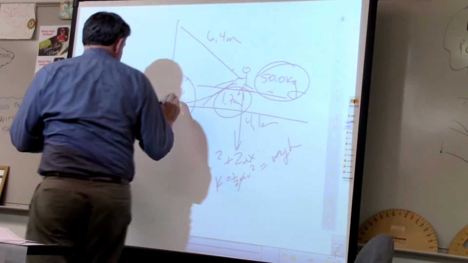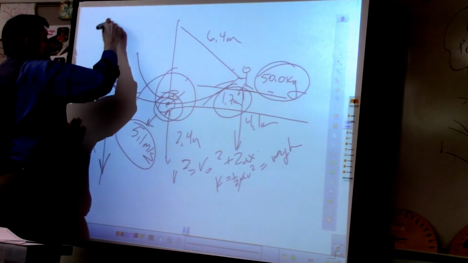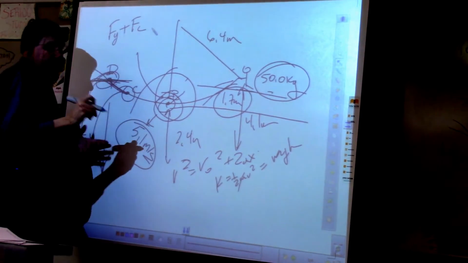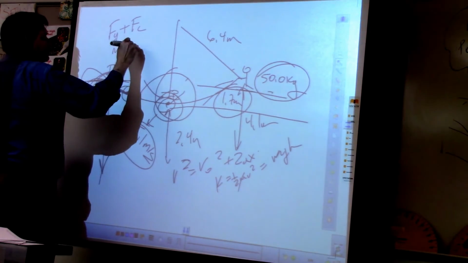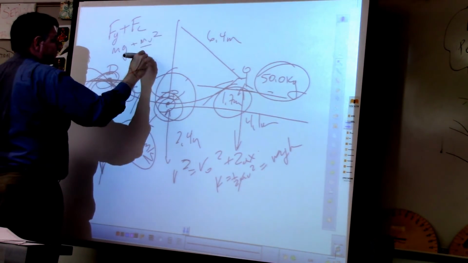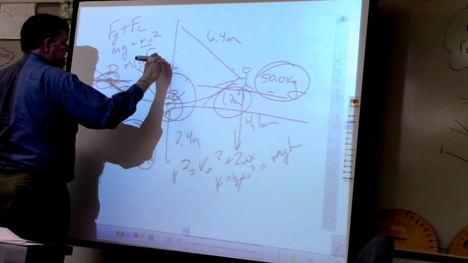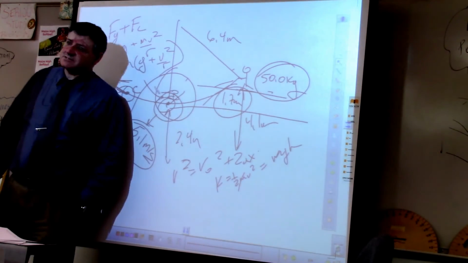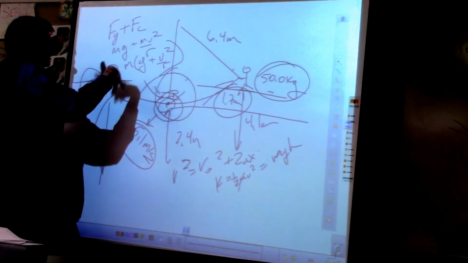So basically, if you were asked to find that total force at the bottom, it'd be Fg plus your centripetal force. Now, if you really wanted to get clever, you go, oh, that's mg, that's mv squared over r. You could factor out an m and go, oh, that's g plus v squared over r. Makes it a little bit easier, doesn't make any difference. But anyway, that's how you do it.